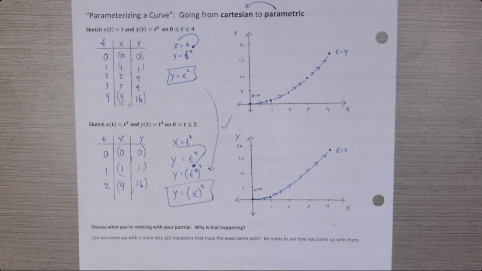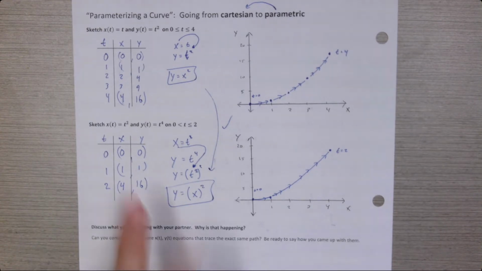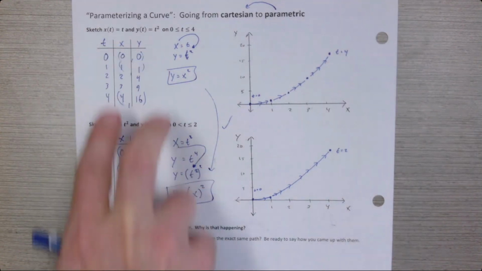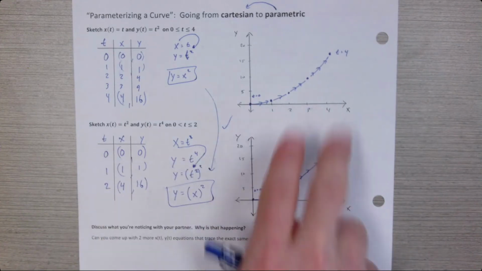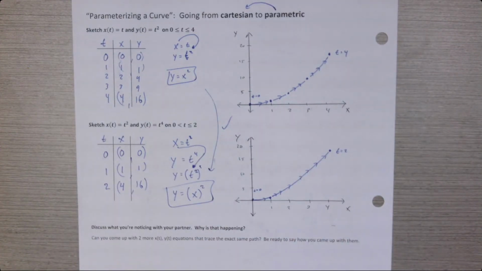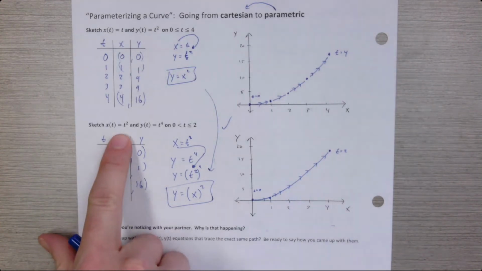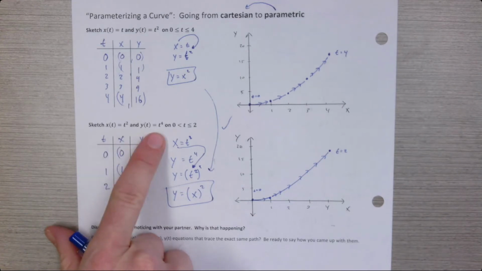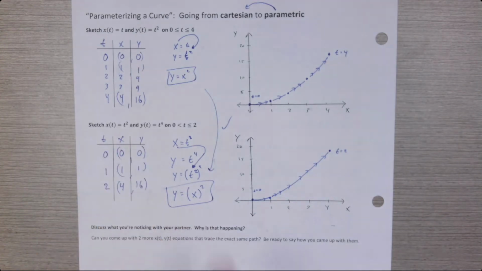So what have we learned? One thing that we've learned is there is more than one set of parametric equations that can describe the same shape. So now's the piece that requires some insight. If I give you an x of t, could you figure out what the y of t has to be to make that same shape?